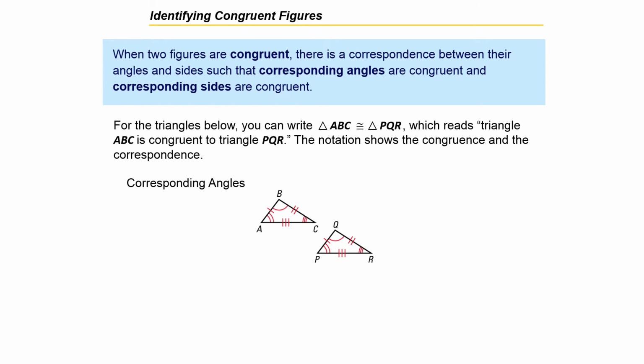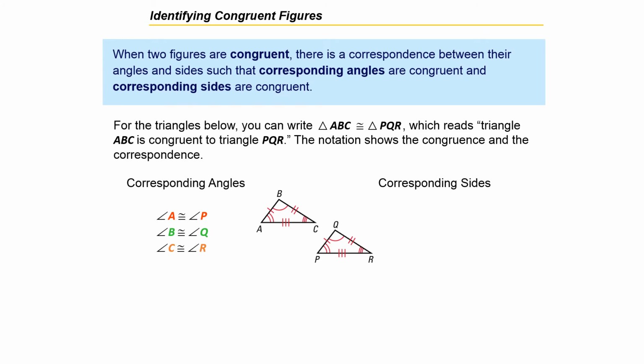Let's list the corresponding angles. You can do it by the picture or by the statement, because A is at the beginning, so therefore P is its congruent angle. B is the second, so Q is the congruent angle. C is the last with 3 tick marks, so R also has to be the last.